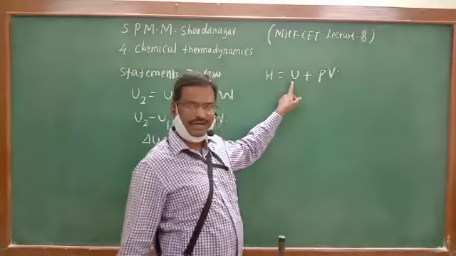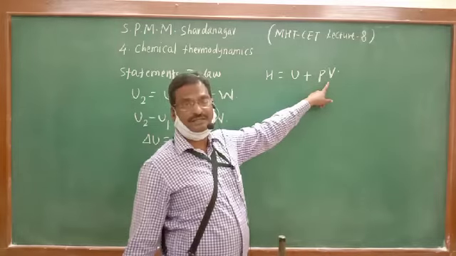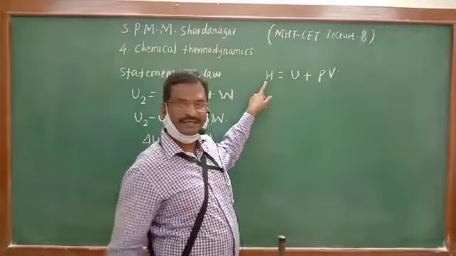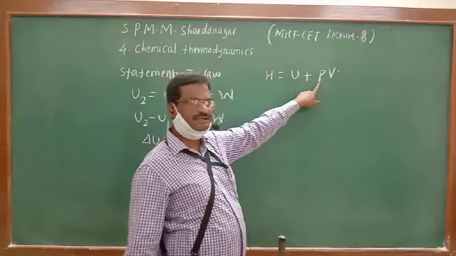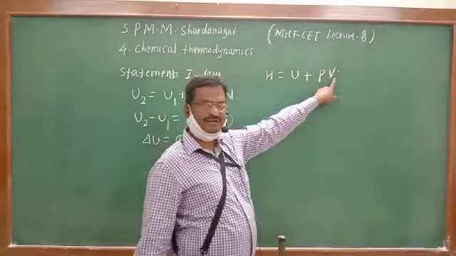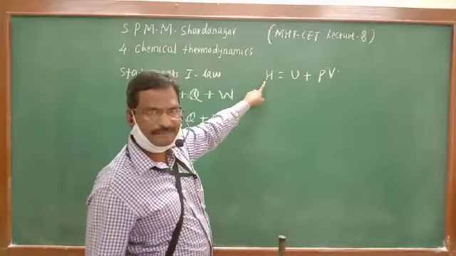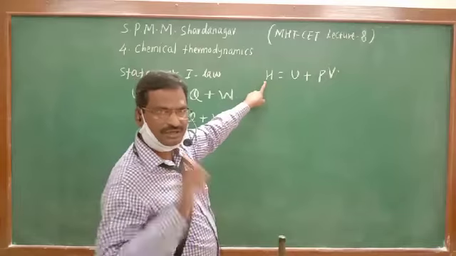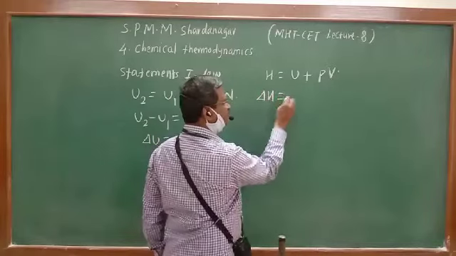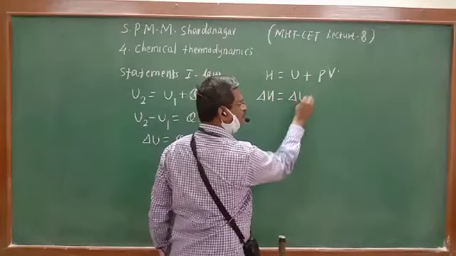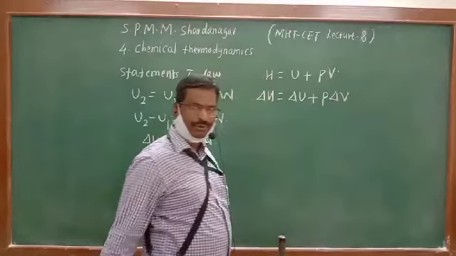The summation of unavailable and available energy to do work is known as enthalpy. Since U, P and V are state functions, H is also a state function, and at constant pressure with change in volume, the change in enthalpy can be calculated as delta H is equal to delta U plus P delta V.